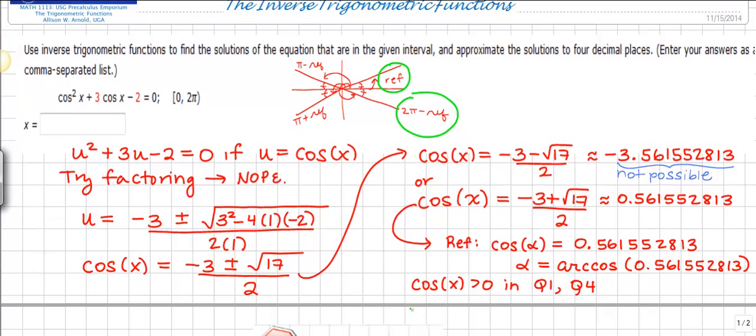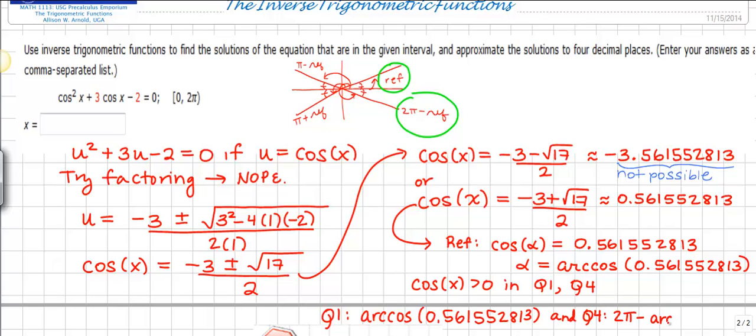So let's look at this. The quadrant 1 solution would be written as arc cosine of 0.561552813, and the quadrant 4 solution is 2 pi minus that.